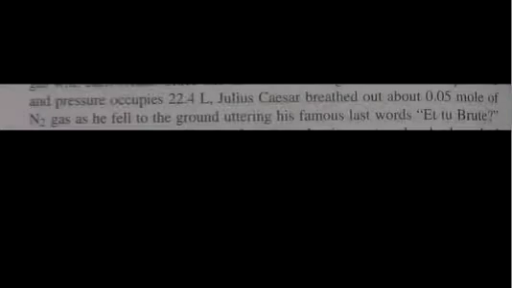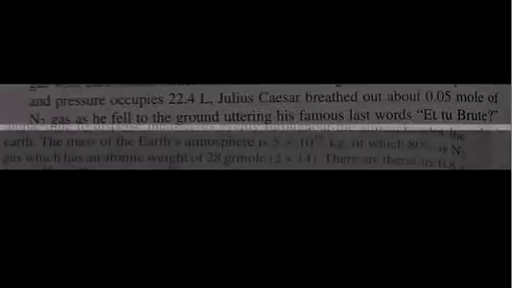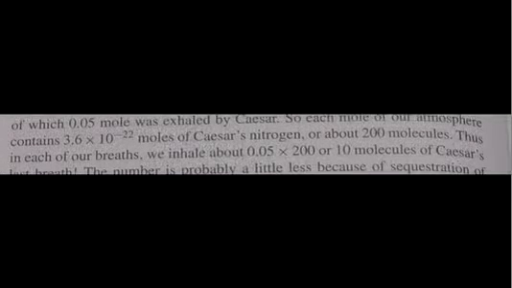And the answer is, if you work out the ratio of the volume of Caesar's lungs to the volume of the Earth's atmosphere, and then you work out that fraction of the total number of molecules of air you breathe in on each breath, it turns out it's about 10 nitrogen molecules that came out of Caesar's lungs on that day will enter your lungs with every breath you take, which gives you some idea of how tiny atoms and molecules are.